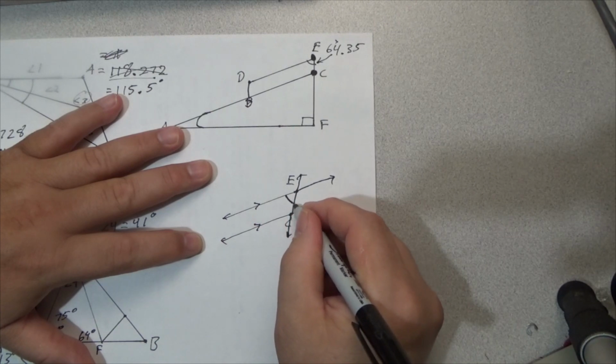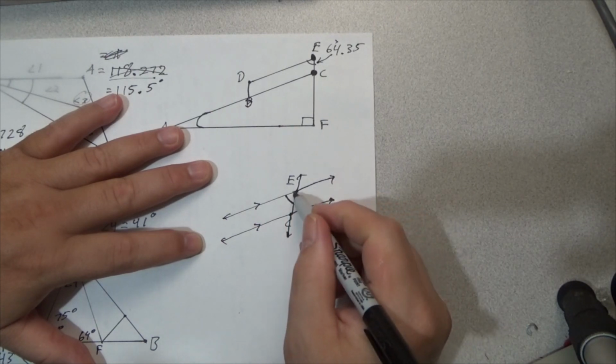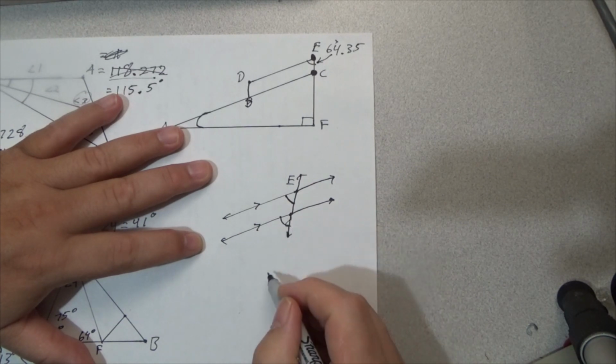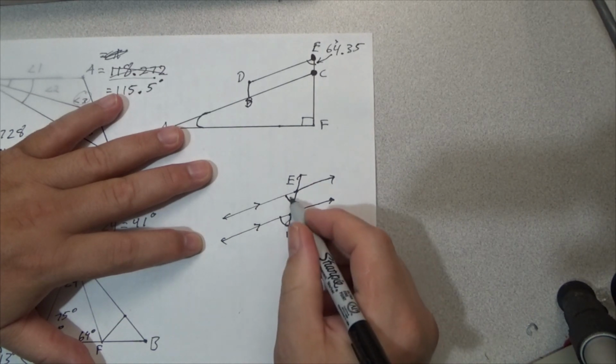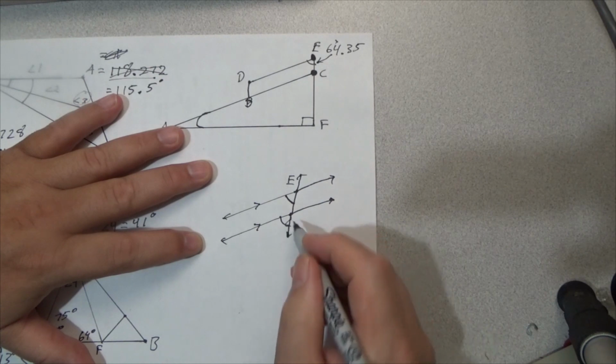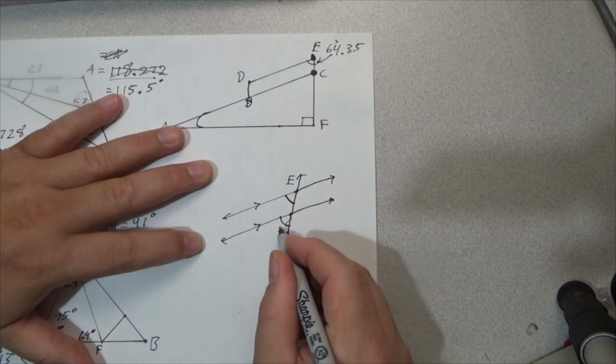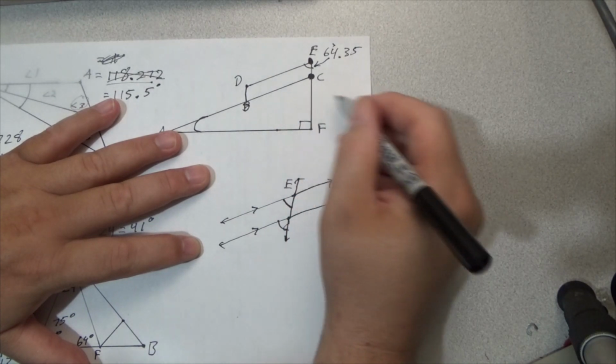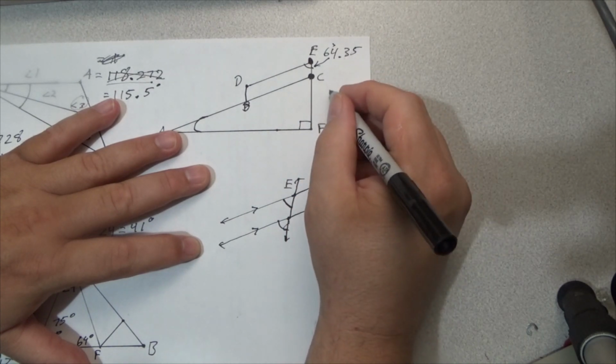So if this angle right here is angle E and it's 64.35, then that angle right there, because these are corresponding angles, remember we just talked about this, meaning angle C, is also 64.35.